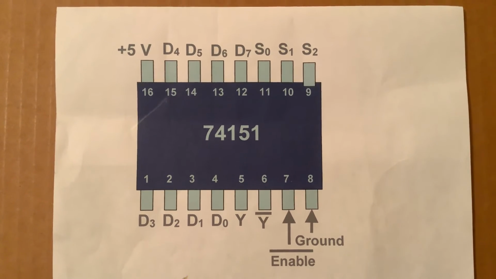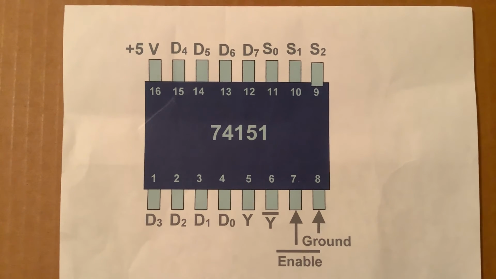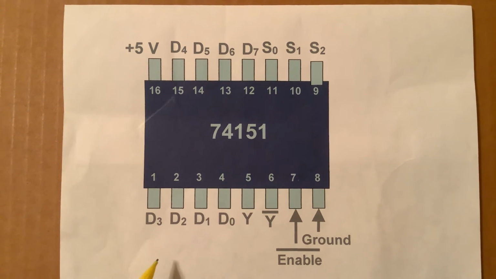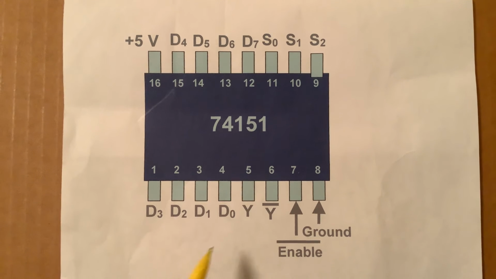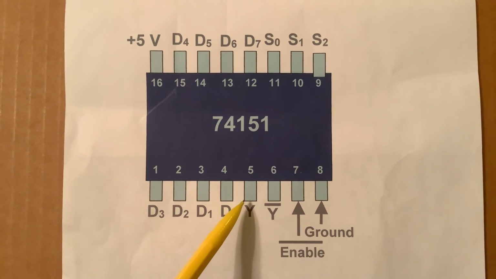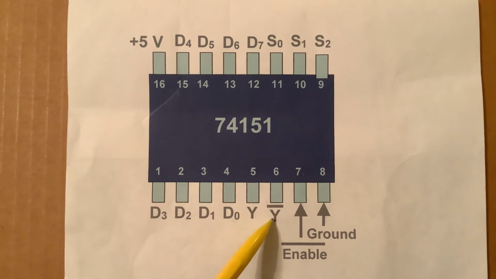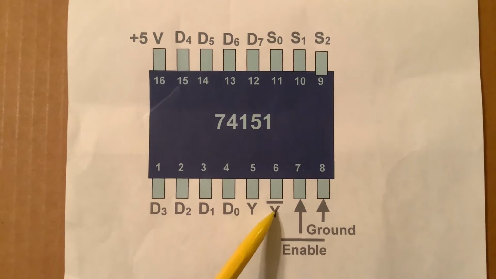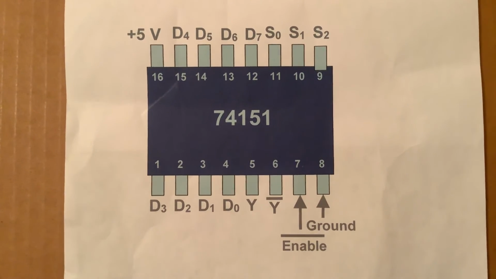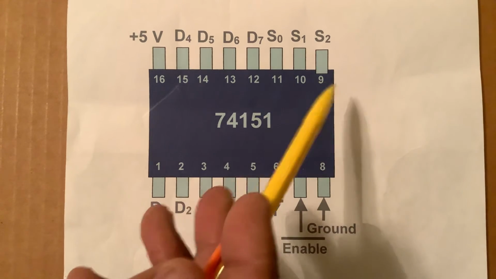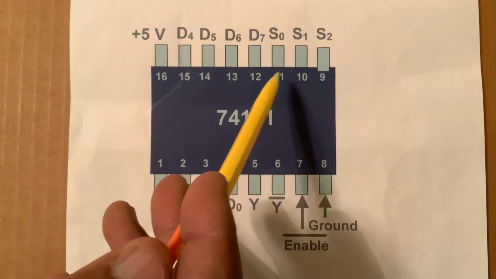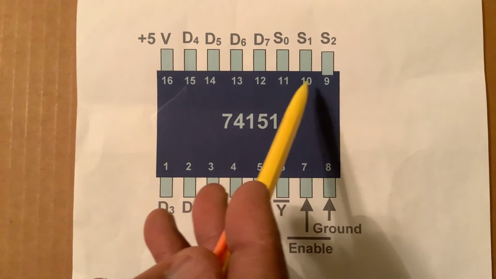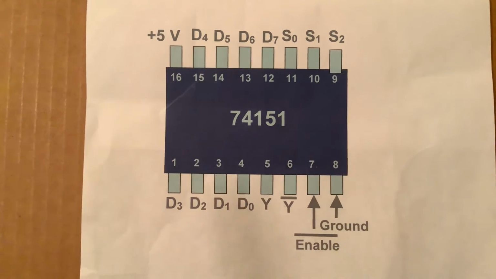So once the inputs are assigned and attached to their various inputs or outputs, then an output will either be Y, or if it's an active low, it'll be this output on pin 6. The selector switches are connected to pins 11, 10, and 9.